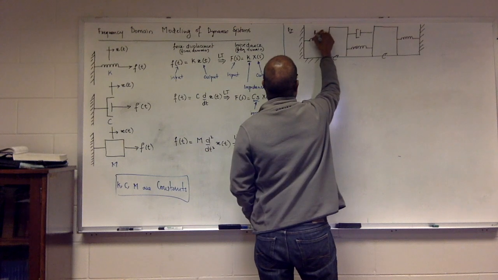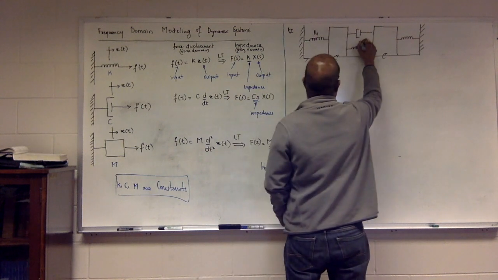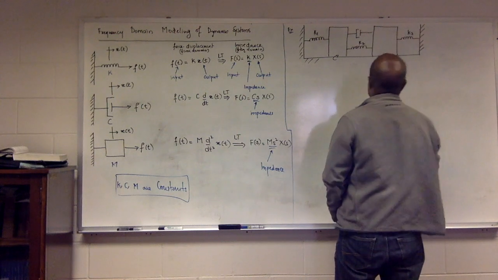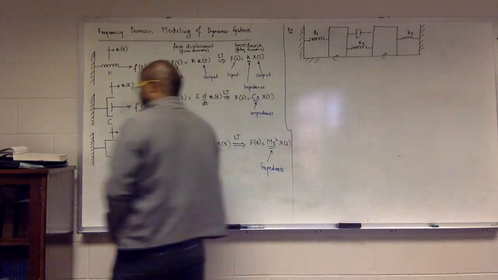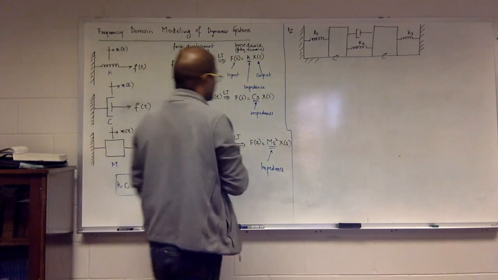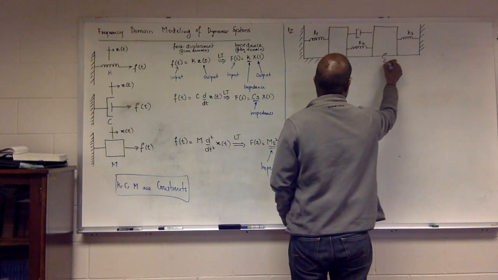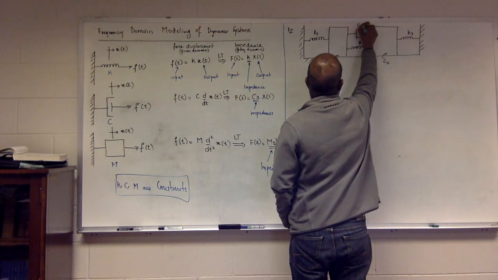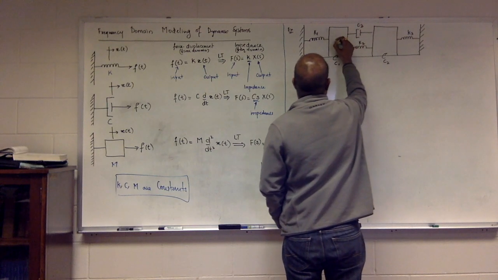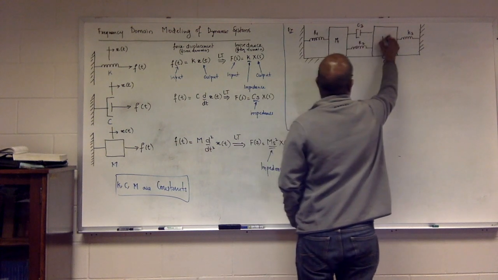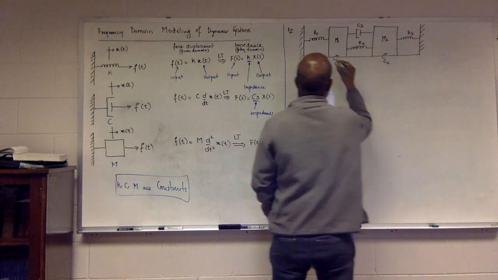This is K1, K2, K3. You have C1, C2, C3. This is M1, M2.